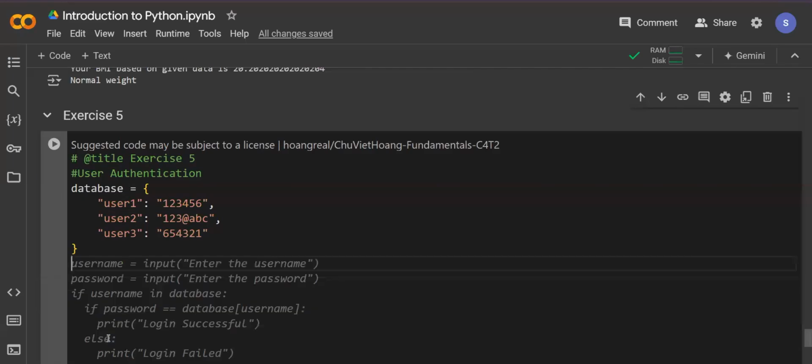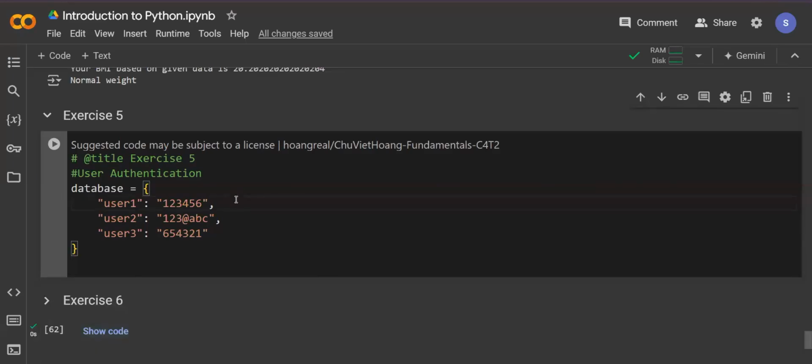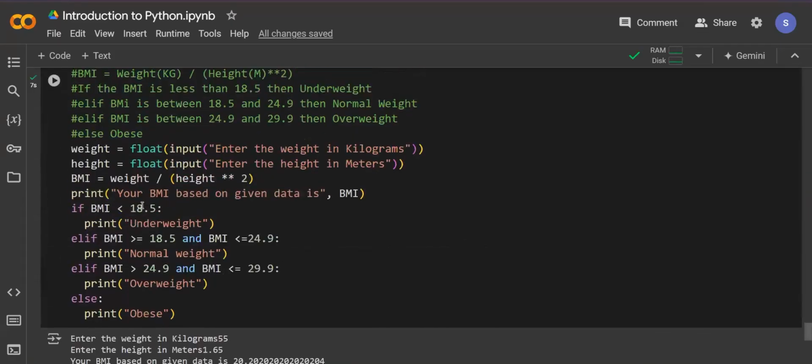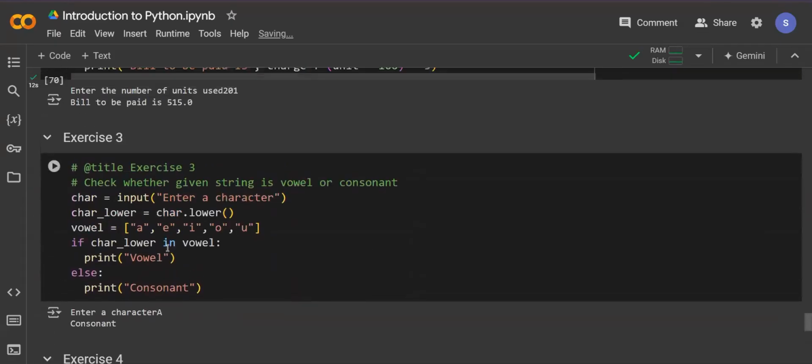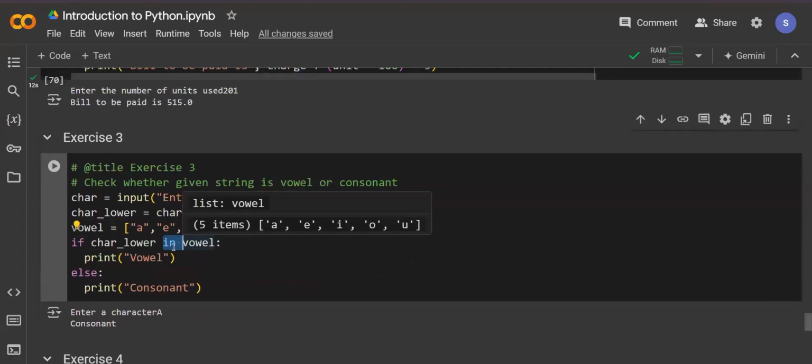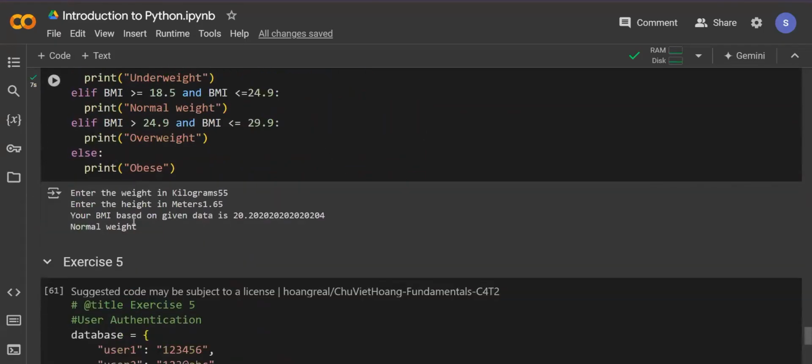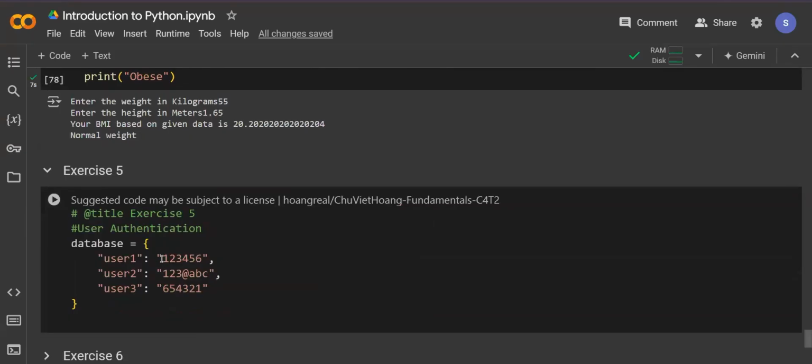Let's understand how to do this problem. See, we have used something called an in operator here. Exactly, this in operator can be used in the dictionary also. But the only problem is, if I use this in operator, let me give a simple example. Let's say my username is user1.